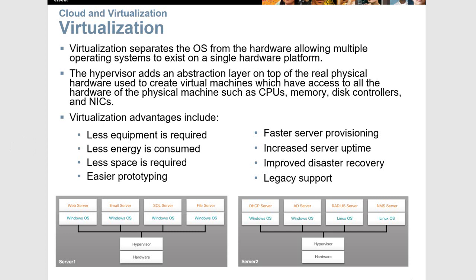Less energy is going to be consumed, which lowers monthly power and cooling costs, reduces consumption of energy in general, and helps enterprises achieve a smaller carbon footprint. Less space is going to be required because you could have multiple virtual machines running on a single piece of equipment.